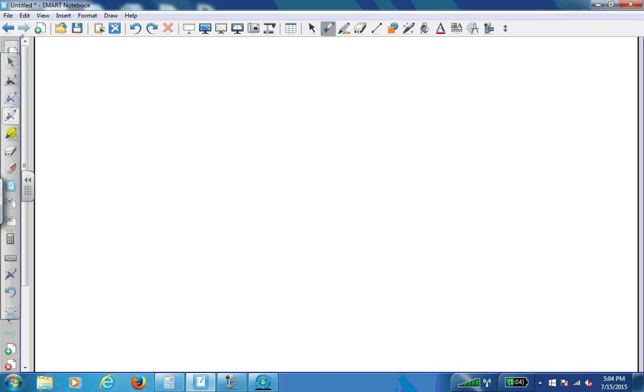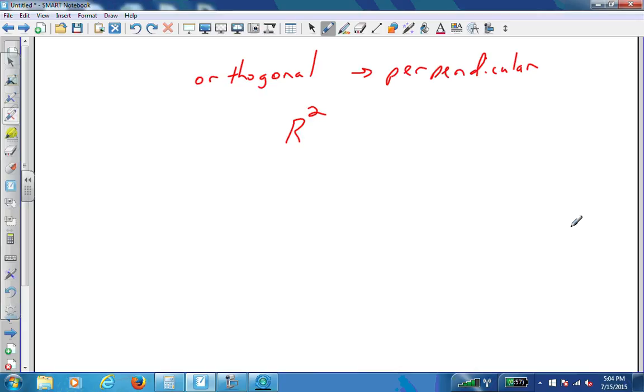So you may recall orthogonal. Orthogonal is just a fancy word for perpendicular. So in R2, using the normal Euclidean inner product, two vectors are orthogonal, perpendicular, if there's a 90-degree angle between them.